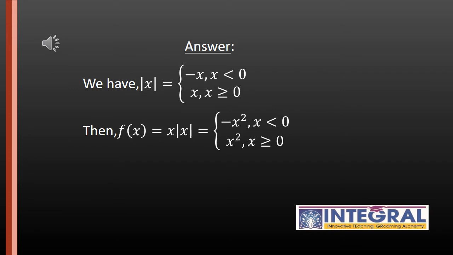So our question reduces to f of x equals x modulus x, which for negative numbers is x into minus x, that is minus x square, and this is x into x equal to x square for x greater than or equal to 0.